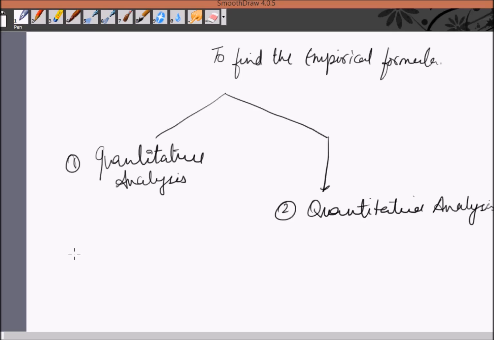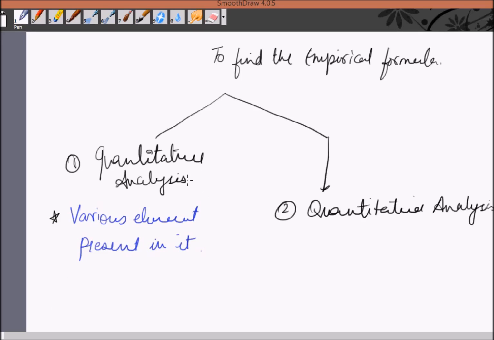First of all, the compound is subjected to the qualitative analysis to know the various elements present in it. That is, we see the various elements present in it, right?